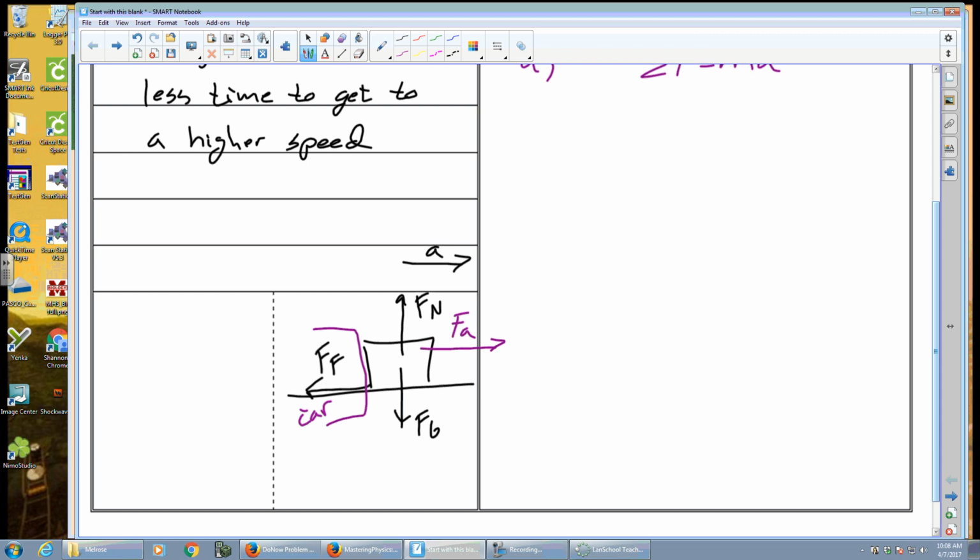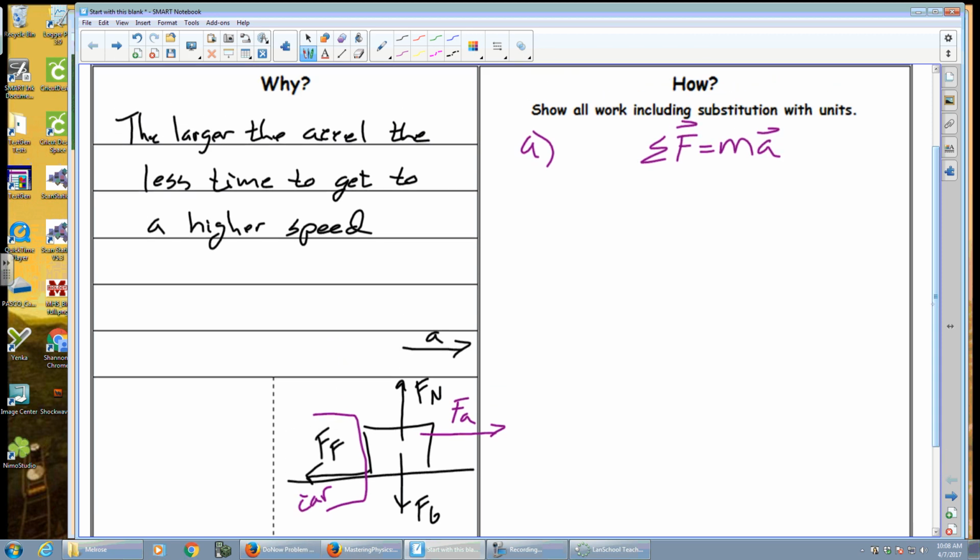So up here, I'm going to need to do both some of the forces in the Y and some of the forces in the X. The Y is pretty straightforward.